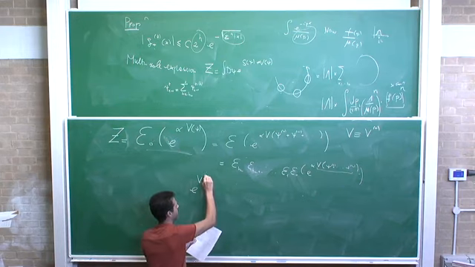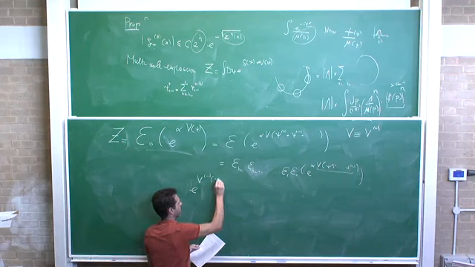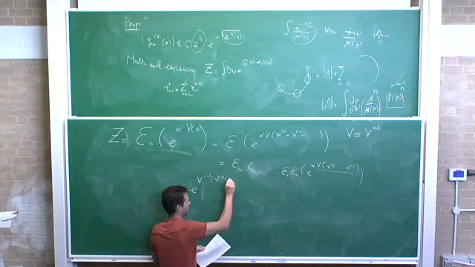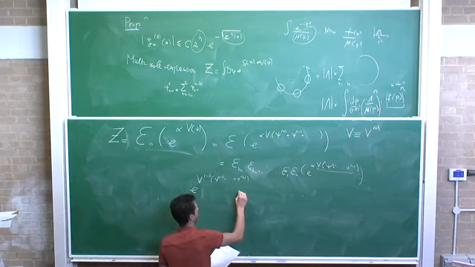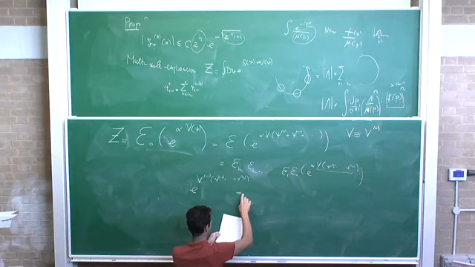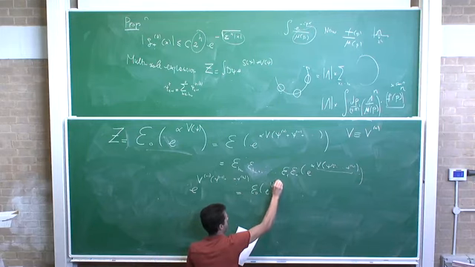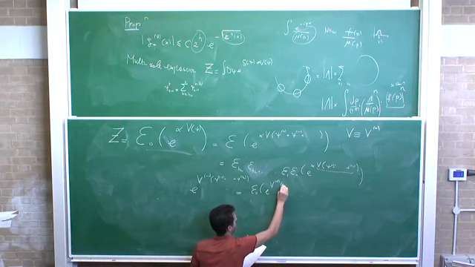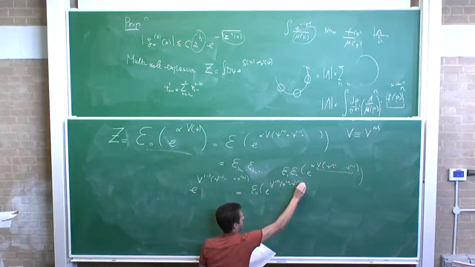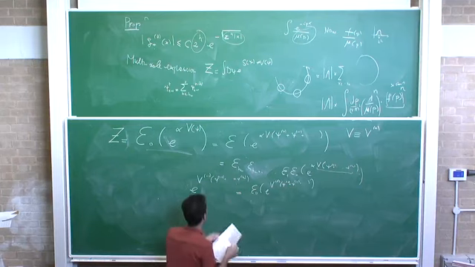Then once you have integrated out the first scale, by definition, what you are left with is the new potential V minus 1. Okay? So this is the definition.